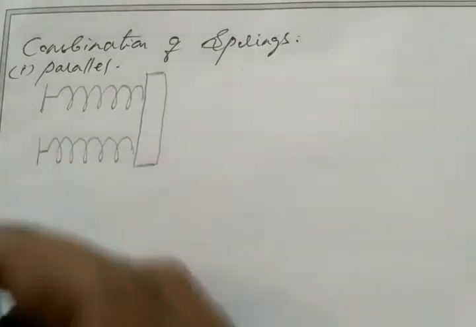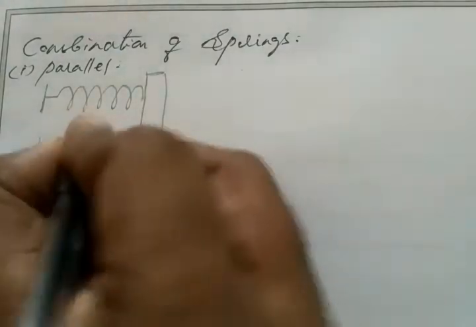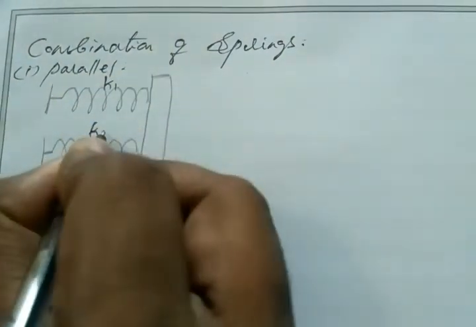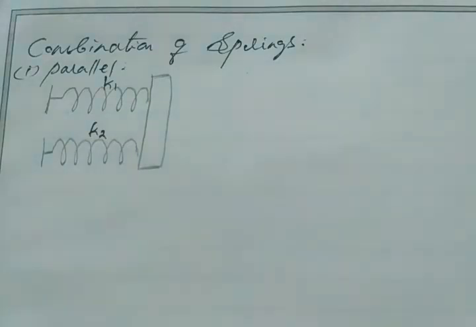Spring 1 and spring 2 have some stiffness constant. And these 2 springs tend to be displaced with the same displacement.